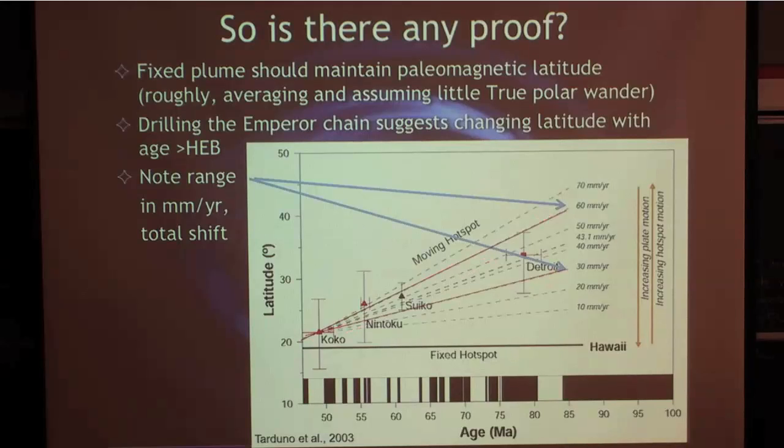And this assumes a few things. You have to assume that you're averaging enough that if there is any kind of true polar wander or anything along those lines, that evens out. I'm not sure that's true. The other problem is you're drilling a seamount. I don't have time to go into this too much, but you may be aware that these large oceanic volcanoes tend to fail and make big landslides underwater.